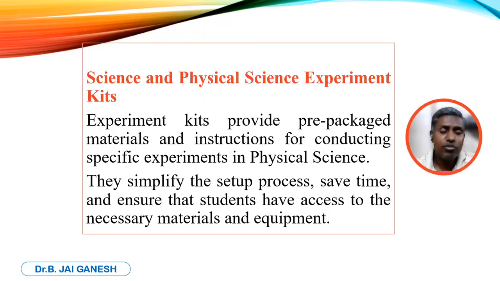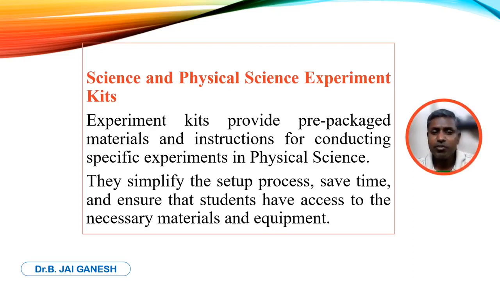Next, I move on to the science experiment kit; I already explained the example of the chemistry kit. Likewise, it provides pre-packed materials and instructions for conducting specific experiments in physical science. The scientific kit gives exact output-based education to the students with the help of small experiments.